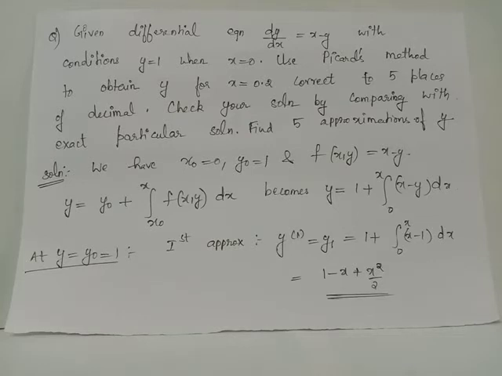We have the first approximation y1 = 1 + integral from 0 to x of (x - y0) dx, where y0 = 1. Thus, after usual integration, we get this function as the answer for the first approximation. We have the second approximation y2 = 1 + integral from 0 to x of (x - y1) dx.